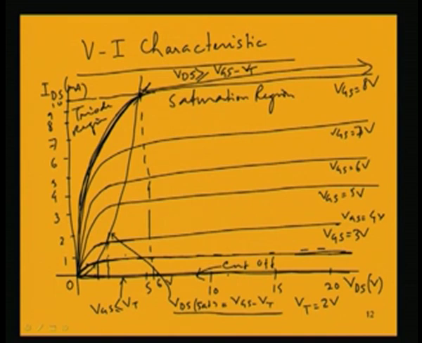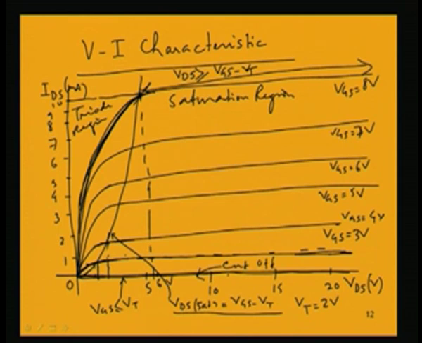Below this region VDS is less than VGS minus V threshold, and in the cutoff VGS is less than V threshold.